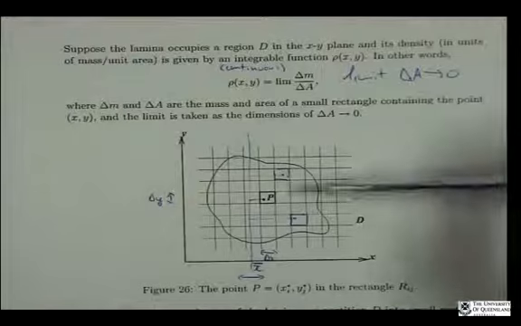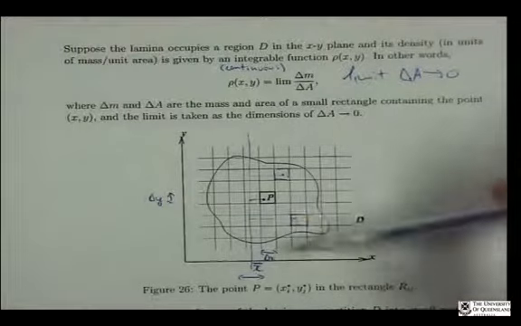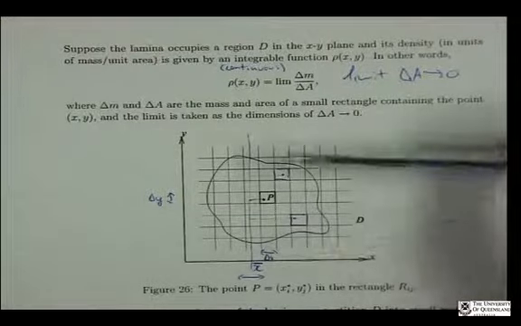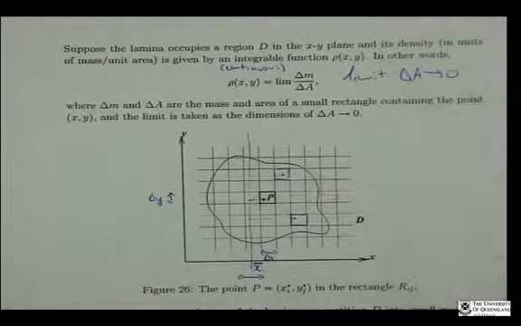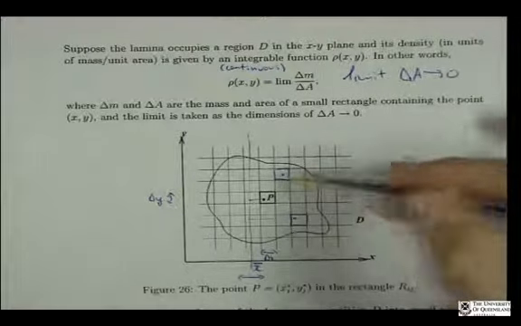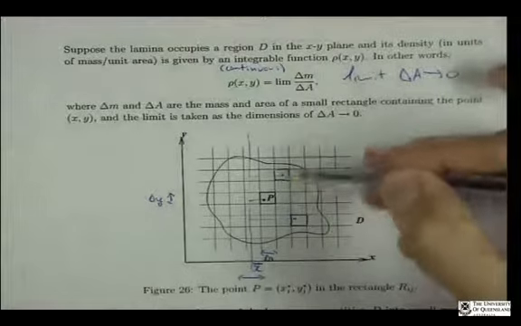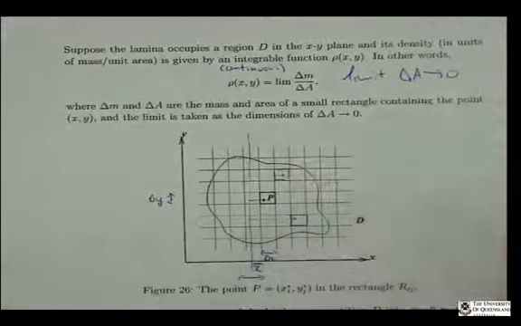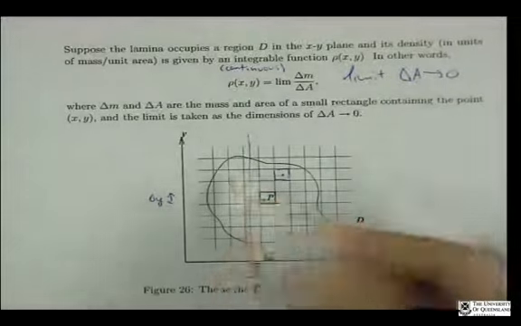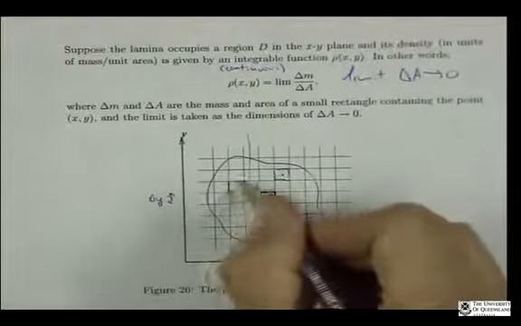So for these rectangles I'm drawing to the right of this value x bar, those distances will always be whatever the x-coordinate is minus x bar.